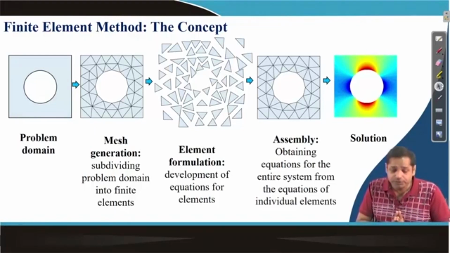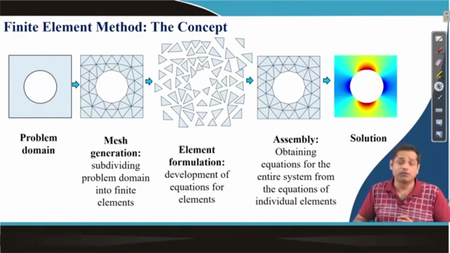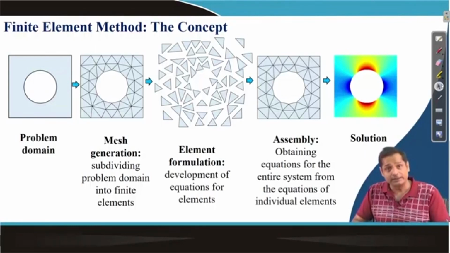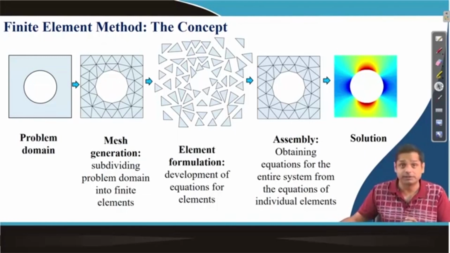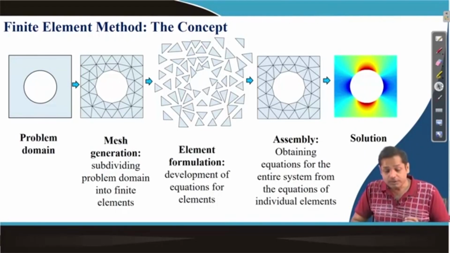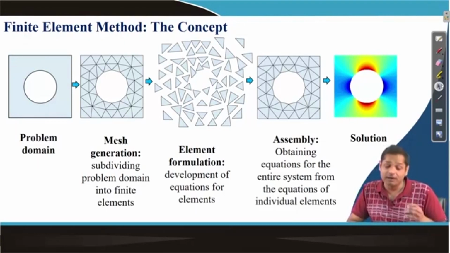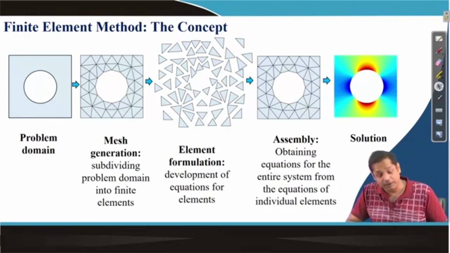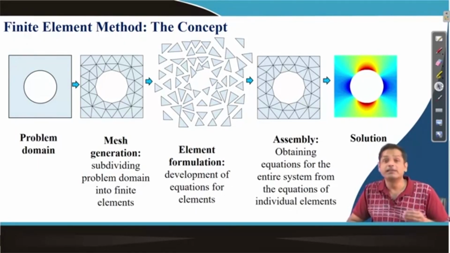Then once it is divided into finite elements, these triangles in this case are called finite elements. Once we have these finite elements, then we need to write the governing equations at the element level, and that is called element equations.